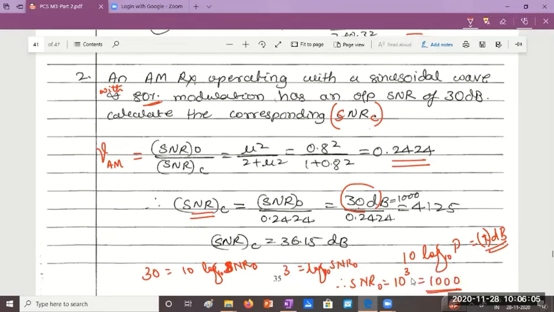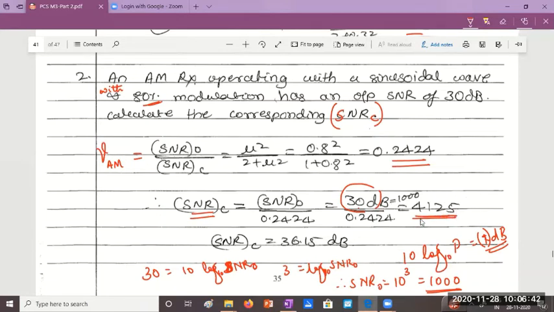So the normal value of SNRO is 1000 and in decibels it is 30 dB. Don't forget to convert it. Whenever it is given in decibels, you have to convert it to normal value by using anti-log. Remember, 10 log of the given value will specify the value in decibels. Is this clear? So when you do 1000 by 0.2424, you will get something around 4125.